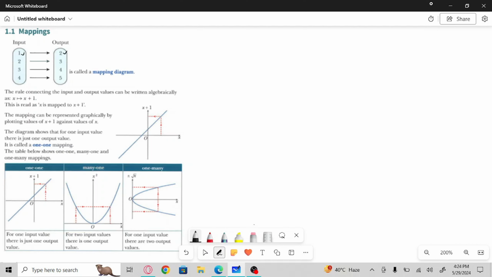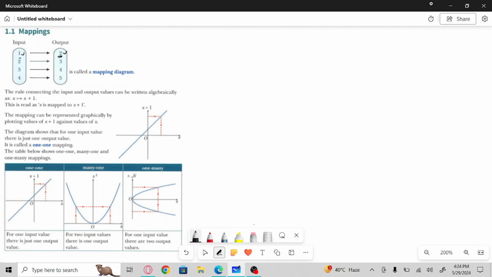So, if we see in this example, 1 itself passes through a specific rule and is connected with another set in the form of an output. So, we give a value as an input and we get another value as an output after it passes through a specific rule.